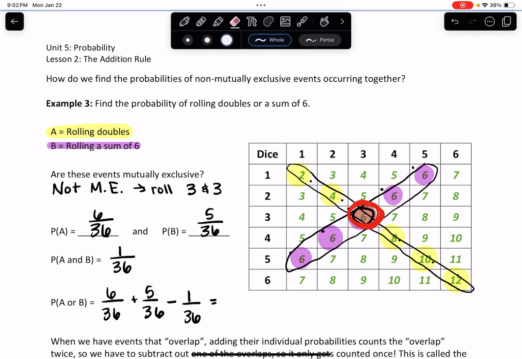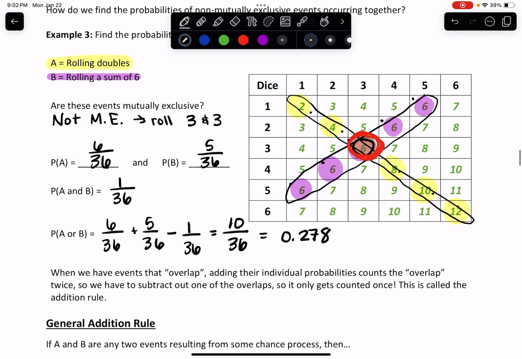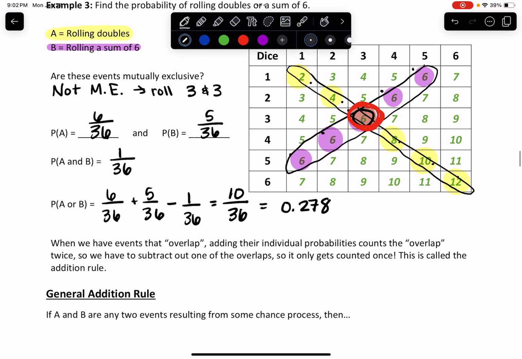So 6 plus 5 minus 1, that is 10 out of 36. That equals 0.278. So when we have events that overlap, adding the individual probabilities is going to count it twice. So we have to subtract out one of those overlaps so it only gets counted once.